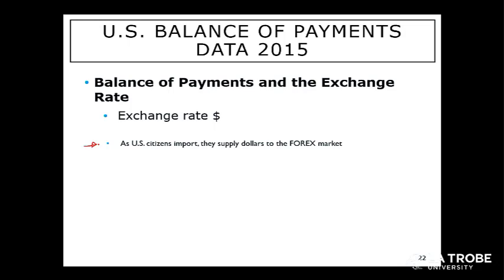So every time we pay, we supply the USD, we supply the local currency to the world. So as a net importer, we would expect to increase the supply of our currency. So when you buy things from overseas, you supply your currency to the outside world.